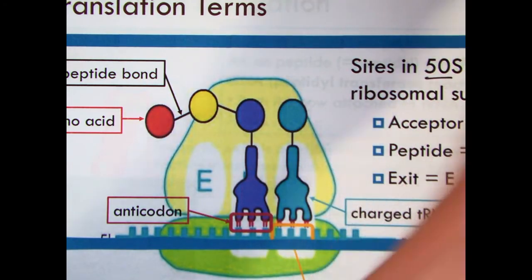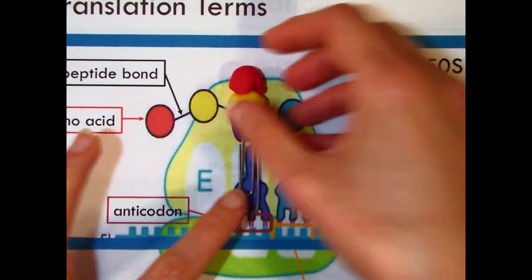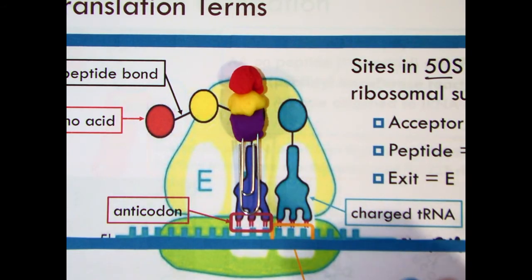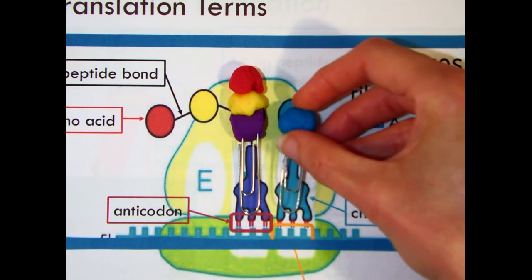I made these beforehand. So here is our tRNA in the P site, and so it's got some amino acids. Here comes new tRNA into the A site. Ta-da!